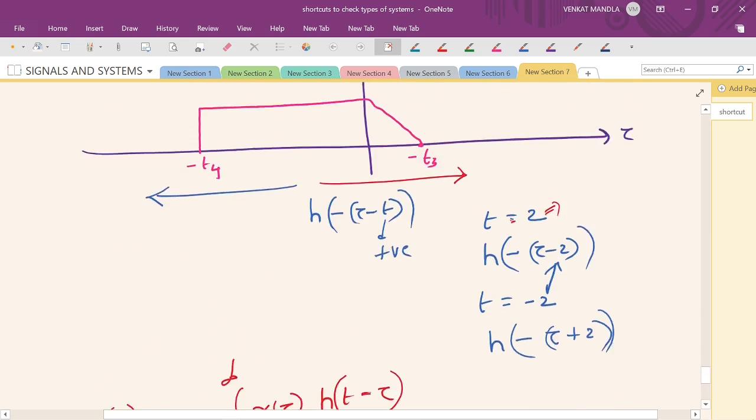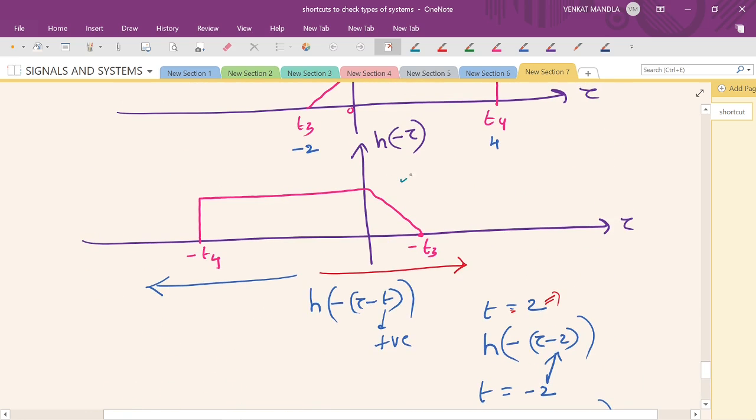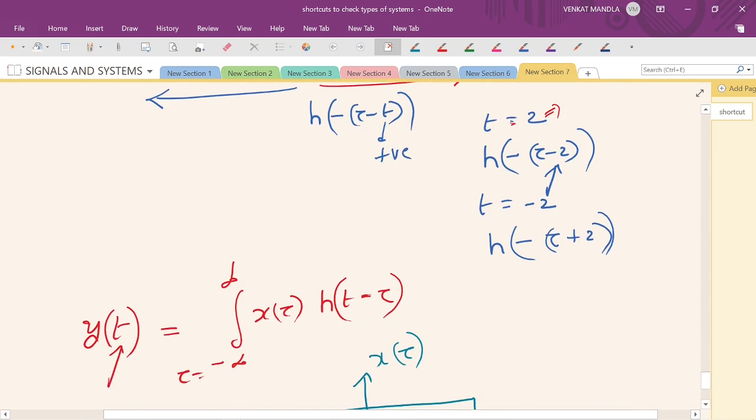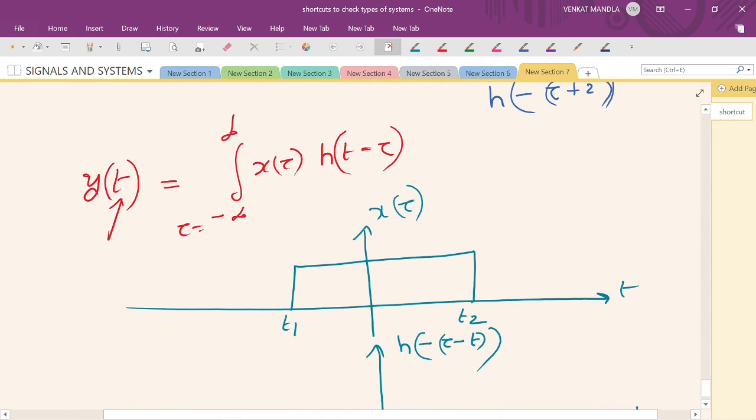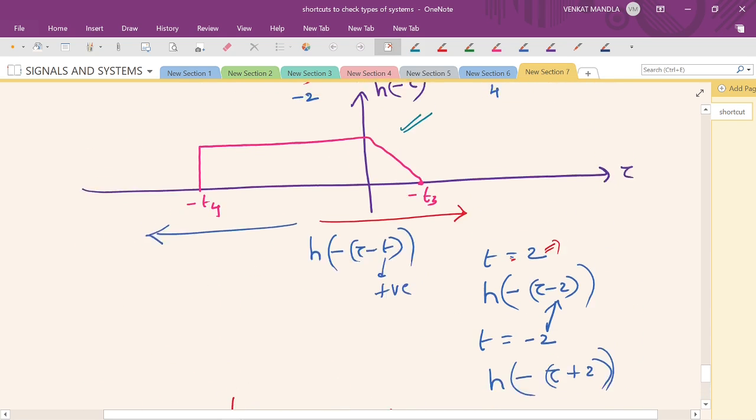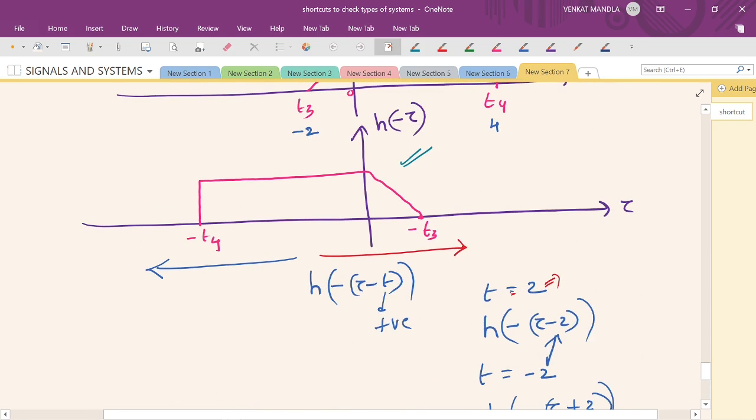H of minus tau is there. H of minus tau minus t means you have to add small t to the limits, right? Tau minus tau minus t. You have to add this t to the limits of this h of minus tau. Here we have to add t, here we have to add t.